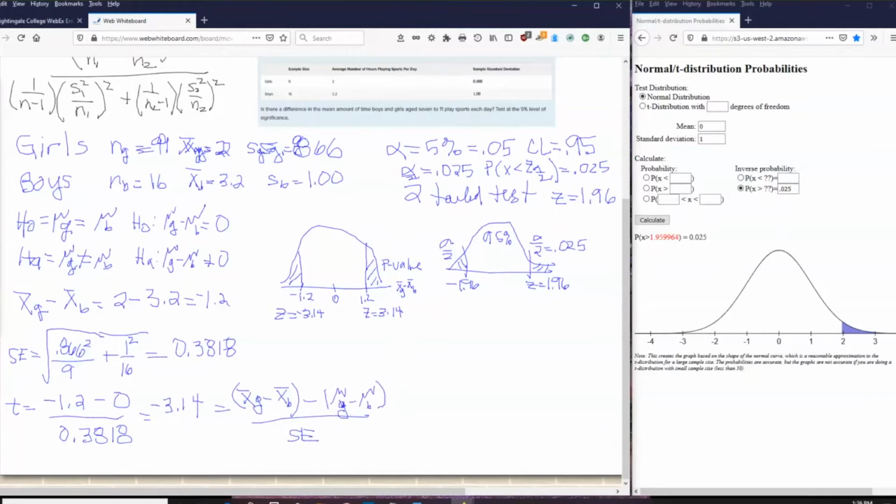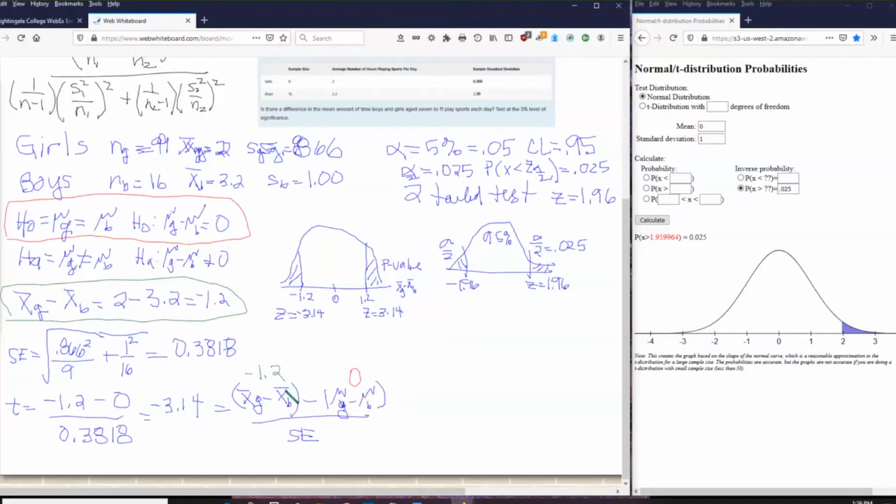So we saw right here, if our null hypothesis claims that these two are equal to each other, then if we take the difference, that difference is 0. So this is where that came from. That's going to give me a 0 here. And then this right here is going to give us our minus 1.2.